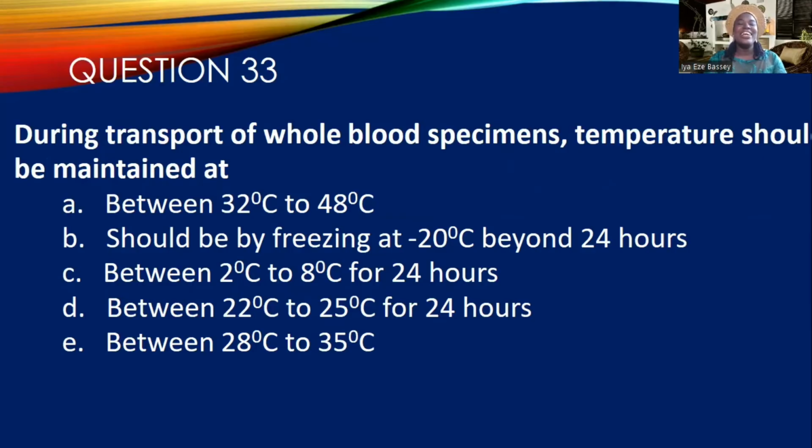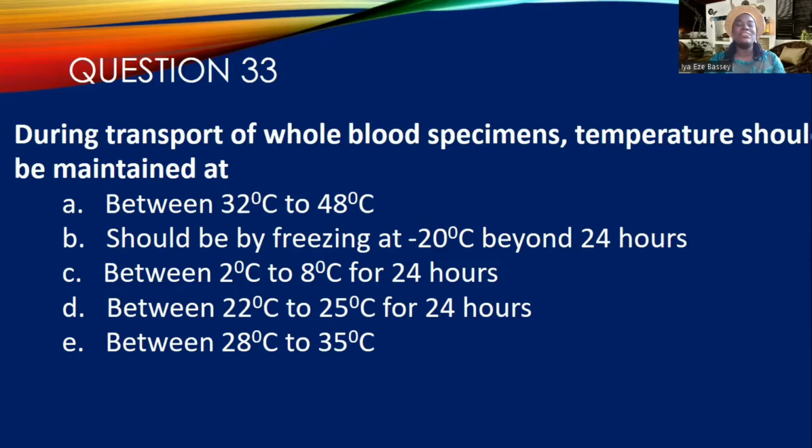B, freezing at -20 beyond 24 hours. Remember, it is whole blood that you're transporting. C, between 2 to 8 degrees centigrade for 24 hours, that is at fridge temperature. D, between 22 to 25 degrees centigrade for 24 hours, that is at room temperature.